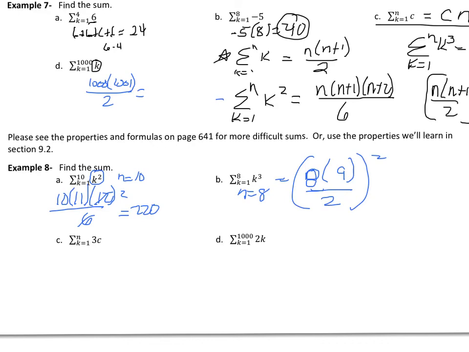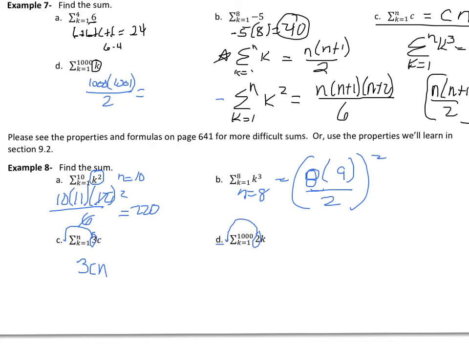Now, if we have a number with a constant, then we can take this number and put it out front. So this just becomes 3, and then we have c times n with that one. That's all you have to do there. And the same thing with that 2, we bring it out front.